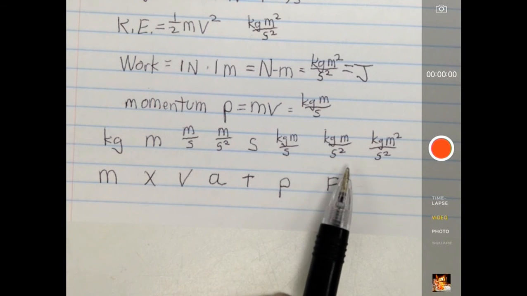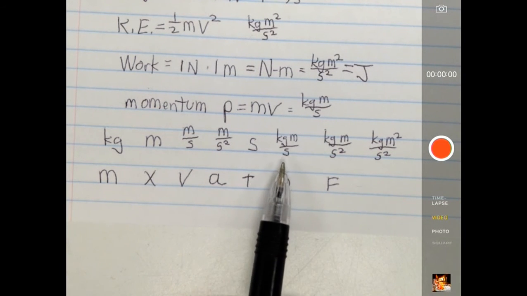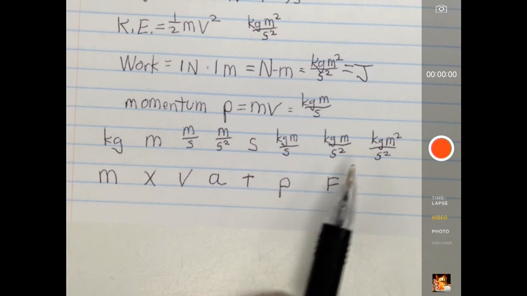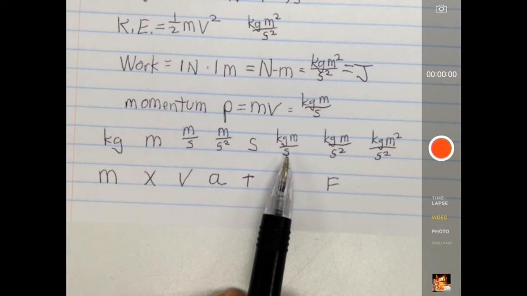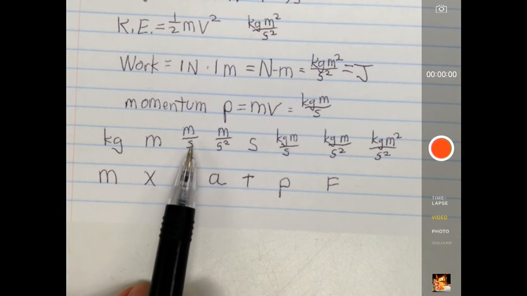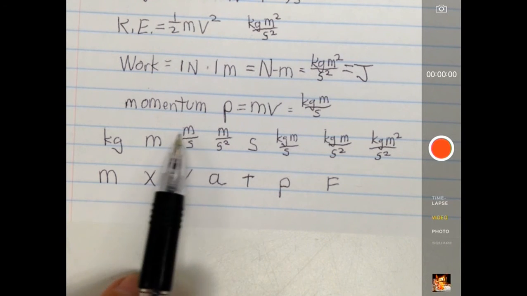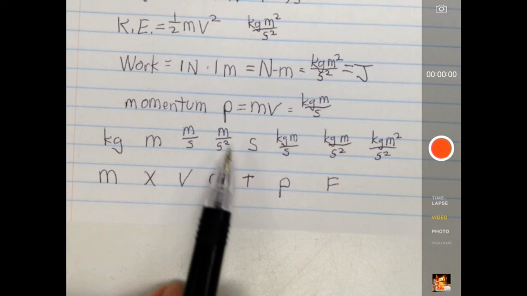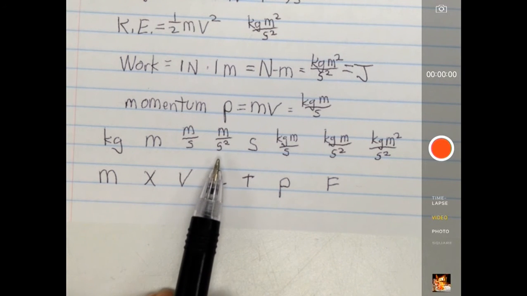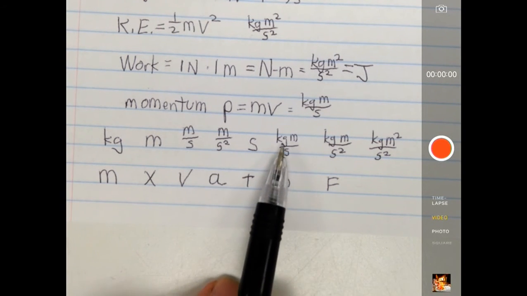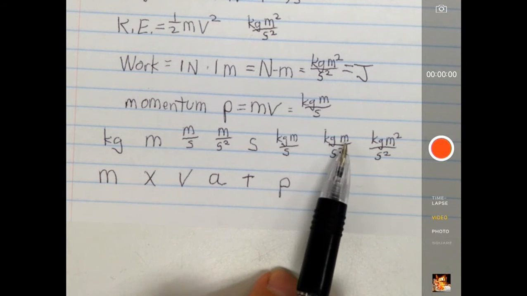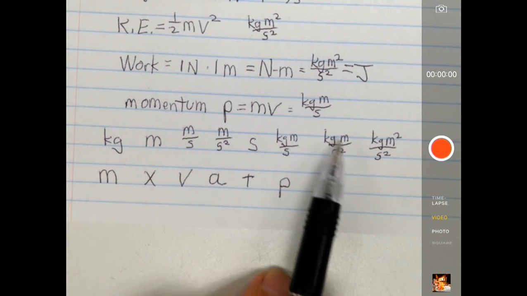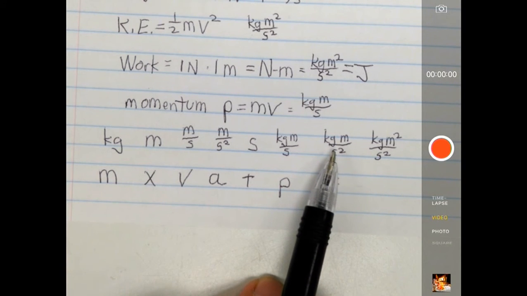So these things are called newtons. These things are called kilogram meters per second. This has its own name. This one does not. Just like this one does not. We don't have a name that means meters per second. We don't have a name that means meters per second squared. We don't have a name that means kilogram meters per second. We do have a name for kilogram meters per second squared, and that name is a Newton.